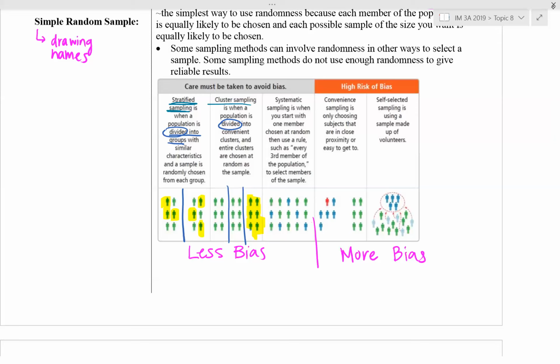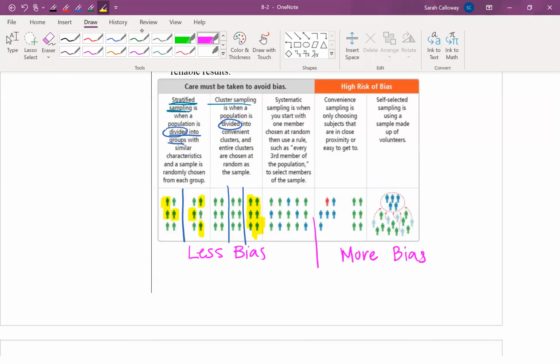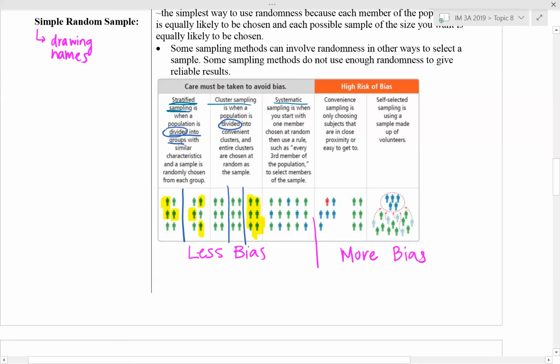Systematic sampling is when you start with one member chosen at random. Like if we were to look at your ID numbers, right? If I select one person and start at that person, and then I pick every 20th student at the school after that, going by ID numbers, right?